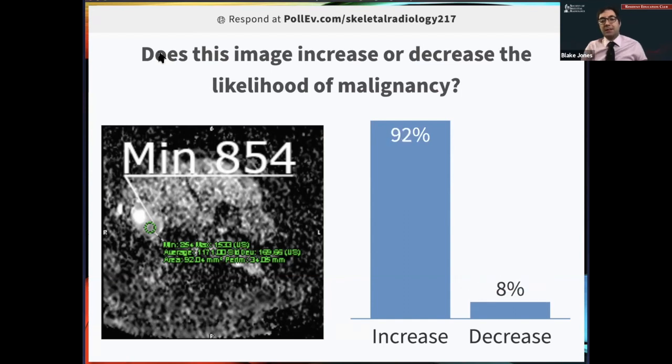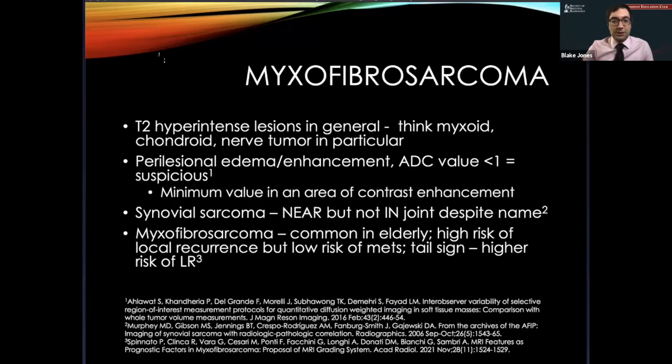So again, that's awesome. I see we're clearing 90% voting for increase the likelihood of malignancy, which is excellent. So I want to talk about some of those features that we went over. If something's T2 hyperintense, it puts you into a particular category of lesions.